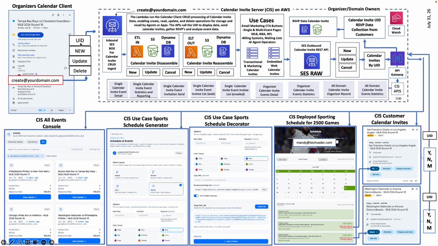We match the organizer UID and calendar client with the email address. We do a little bit of magic there, and we create a sticky session when we disassemble it and store it in DynamoDB. So if you think about a high-level design, this is a first-time net new organizer calendar client coming in.